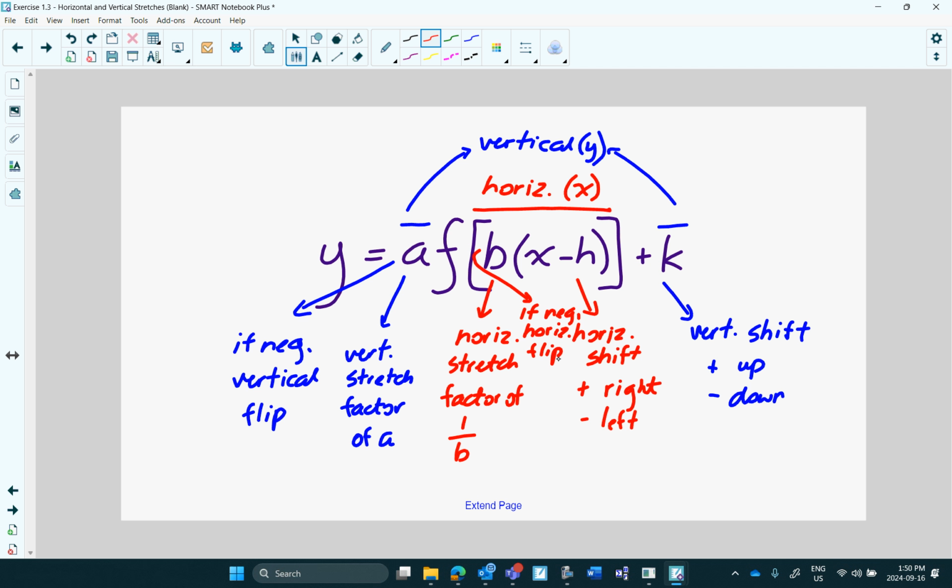Or you're going to be given an original graph and a transformed graph, and you're going to have to figure out what the equation is. Okay, so that's sort of what's coming up next. And I think we're going to spend the rest of the week, Wednesday and Friday, on that. Maybe even a little bit next week too. Because this next lesson is kind of the meat of the unit.